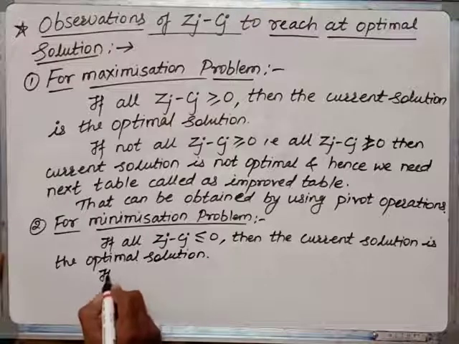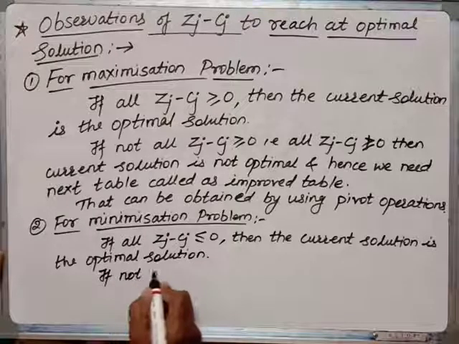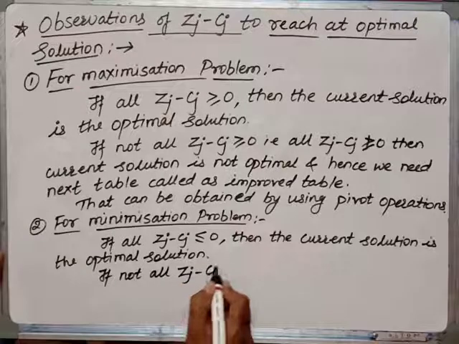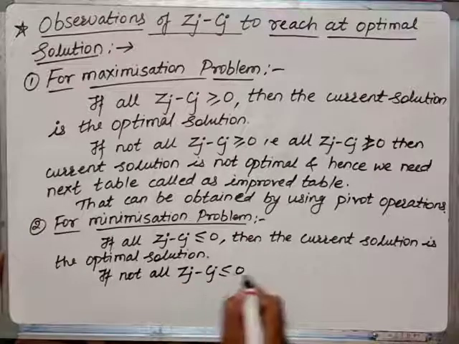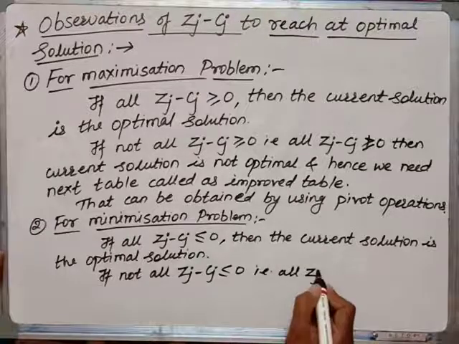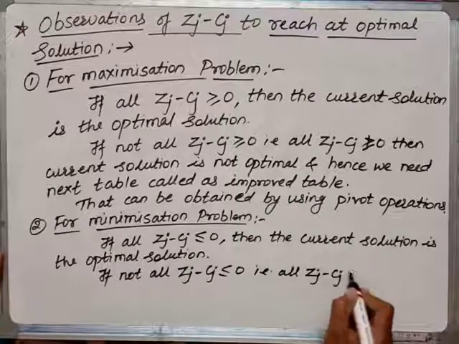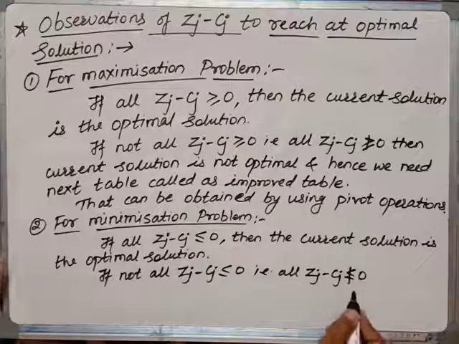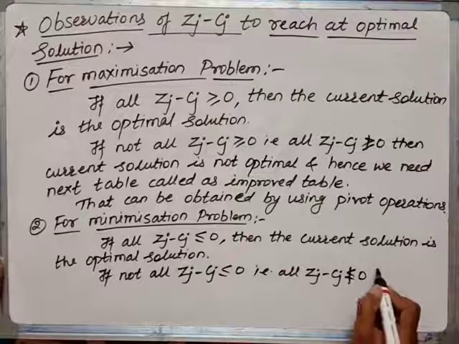If not all Zj minus Cj are less than or equal to 0, we consider all of them, so if one of them doesn't satisfy, then also we need the next table.